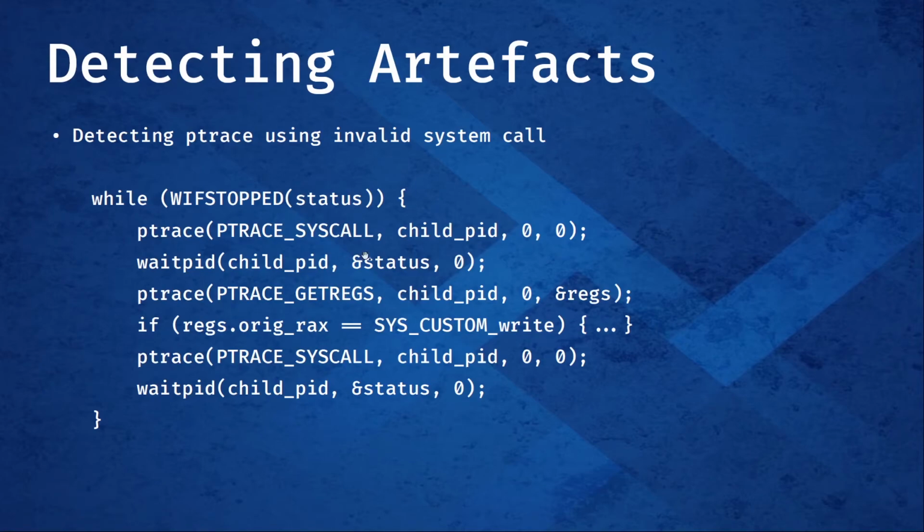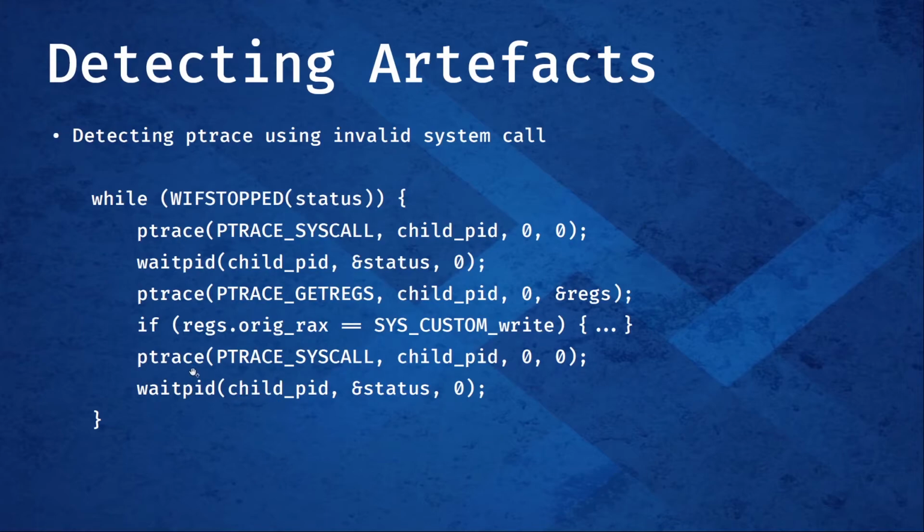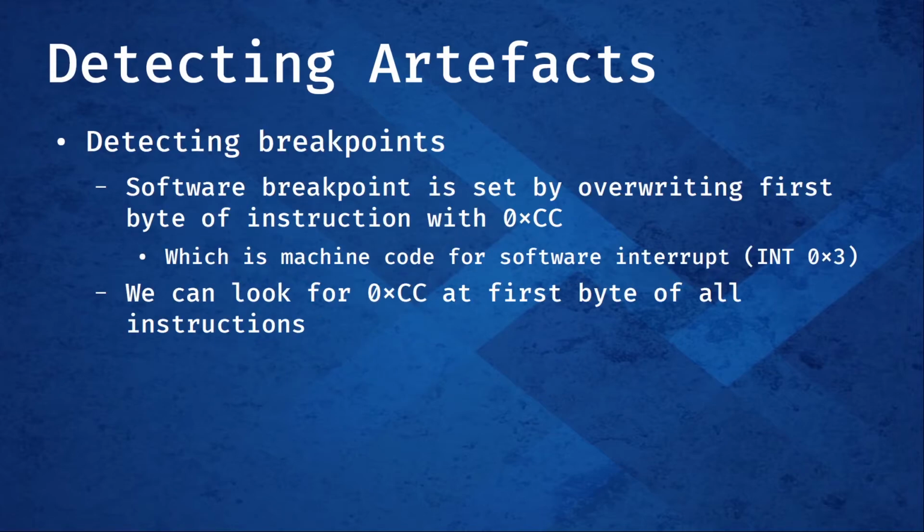So we copy all the registers, and then we check which syscall is getting called. Here we are checking if our own custom syscall is getting called, then we do something else, and that something else is basically this. We are putting in the correct syscall number, setting up its parameters, overwriting the registers for the child PID, and then asking it to resume execution.